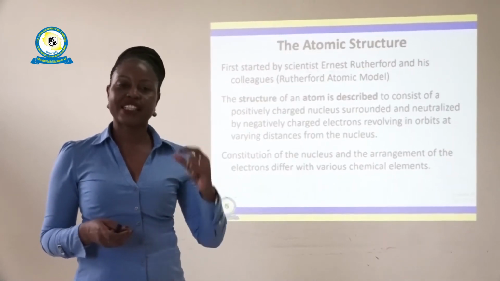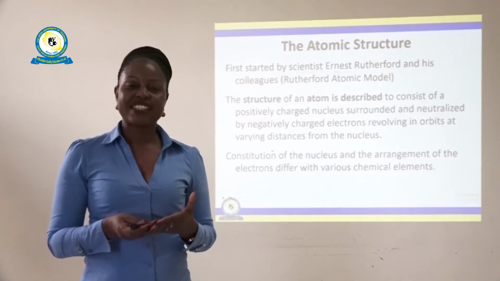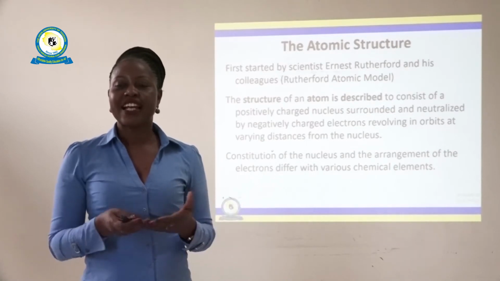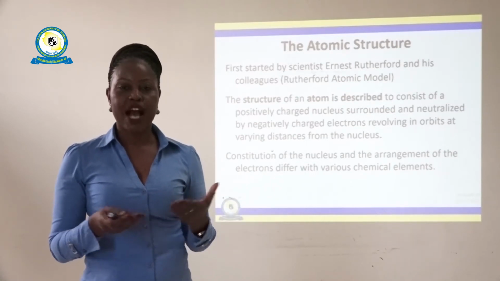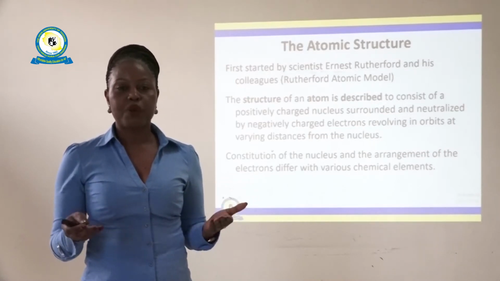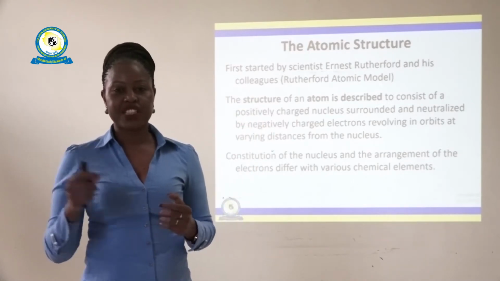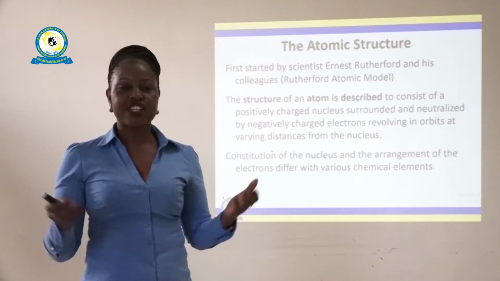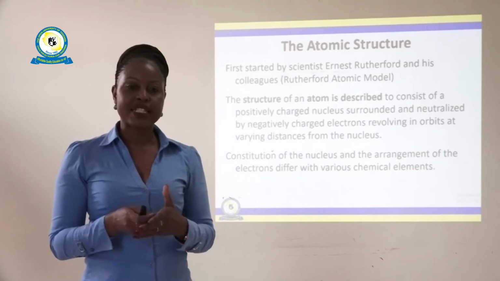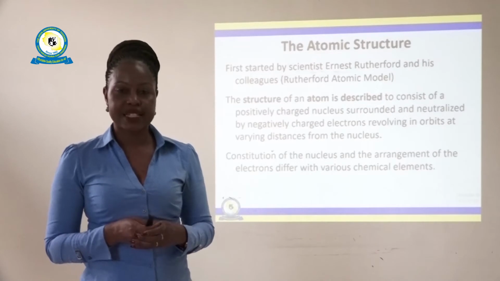So the atomic structure was first studied by the scientist by the name of Ernest Rutherford and his colleagues, and they established the Rutherford atomic model. In this model, the structure of atom is described to consist of positively and negatively charged particles, and also the neutral particles, that are neutrons, revolving around an orbit in varying distance from the nucleus.